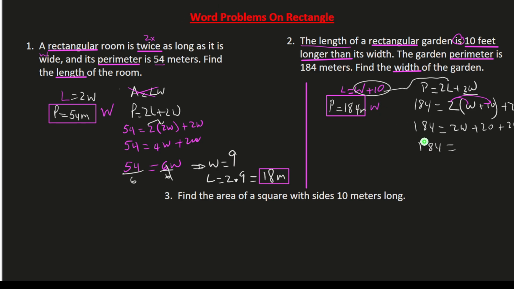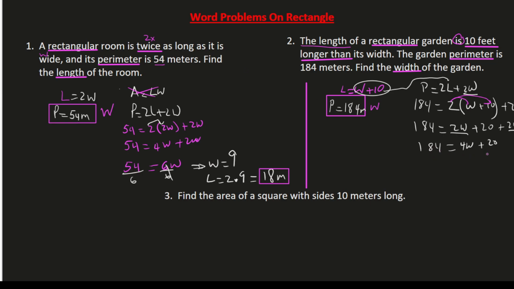We get 2W here and 2W here again, so 2 plus 2 is equal to 4W. We add them up: 4W plus 20. And now we're going to move 20 because we don't want it here.